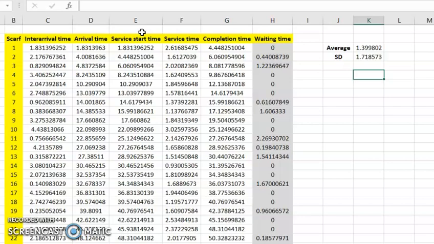And the other way, if all the averages that you get are below 1, again, it's very good. You can make the decision.